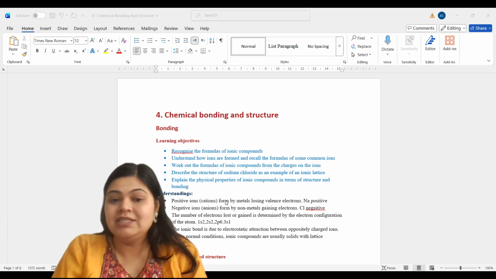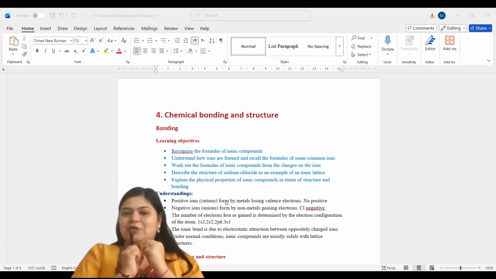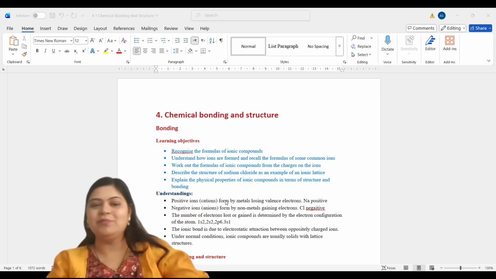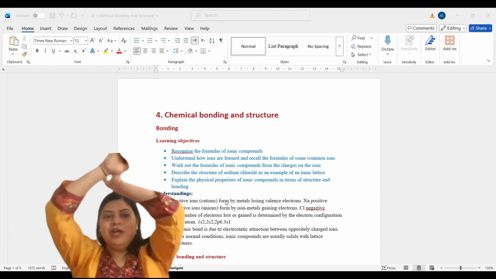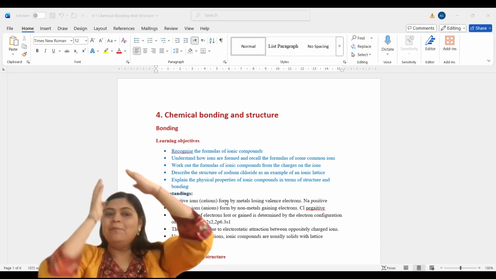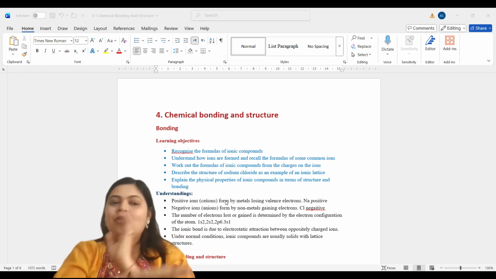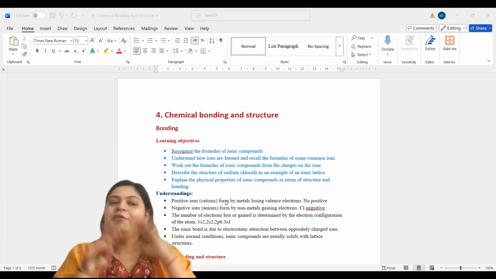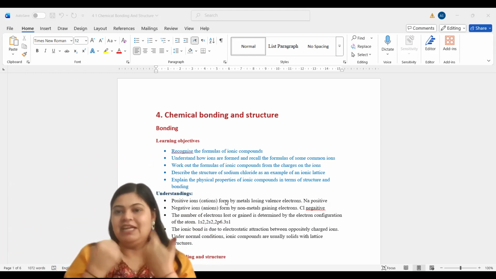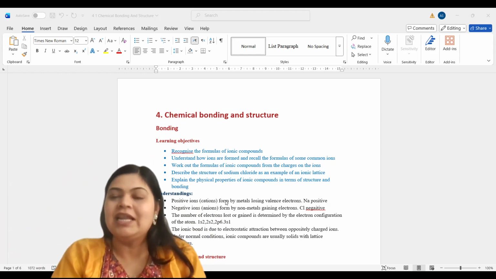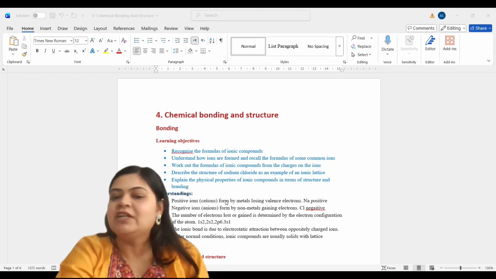Anions are non-metals, gaining electrons from the metals, and they tend to become negative. If we are donating, we get the plus charge. If we are accepting, we get the minus charge.